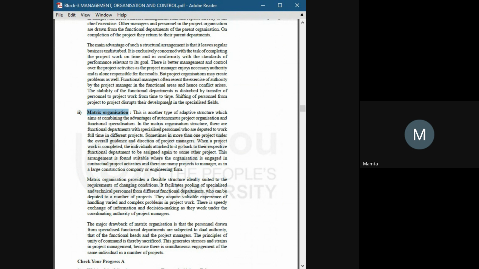We have different projects in our organization: project A, project B, project C, and each project has its different team of manufacturing, production, marketing, sales. Each project, A, B, or C, has its different team of management.